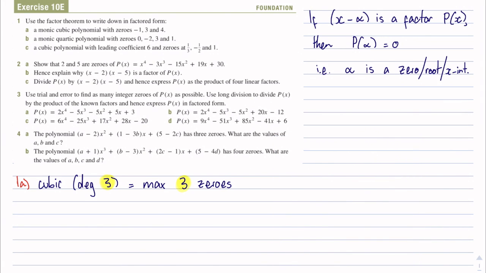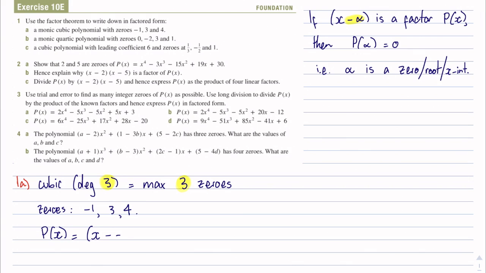We're just writing something down with 3 zeros, and it says the zeros are -1, 3, and 4. And remember, if we want to put it into the normal form, we do x minus the zeros. So remember, x minus alpha.